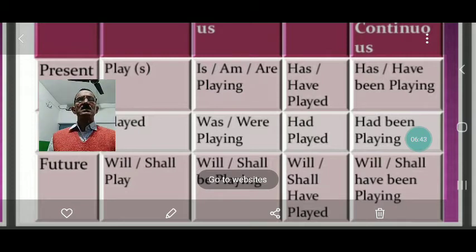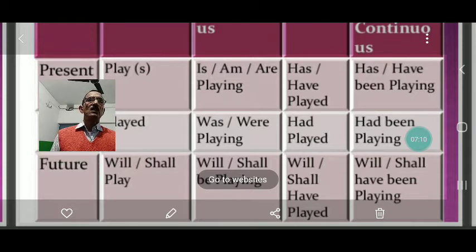But if it is future simple or indefinite tense, we shall play, I will play, he will play. Like that we can use. Or shall or will plus be plus verb-ing, as I will be playing, we shall be playing. And if it is perfect tense, future perfect, will or shall plus have plus V3, played.